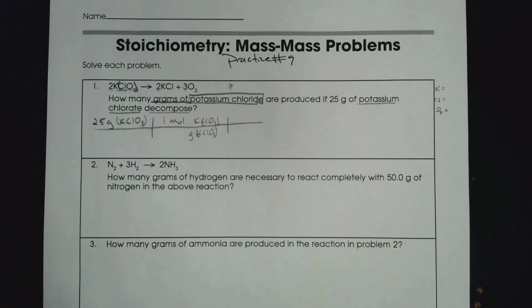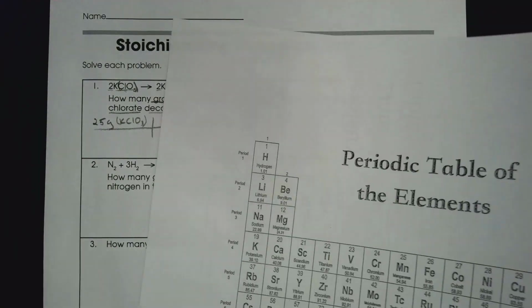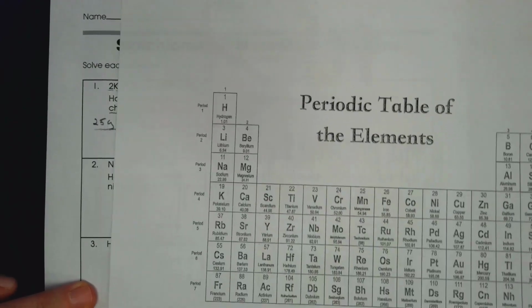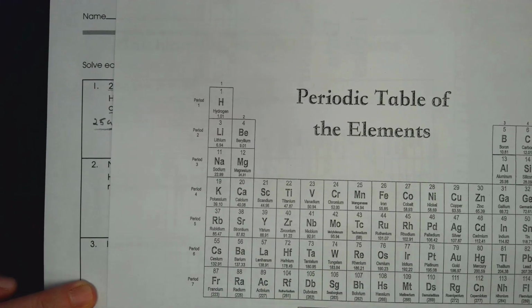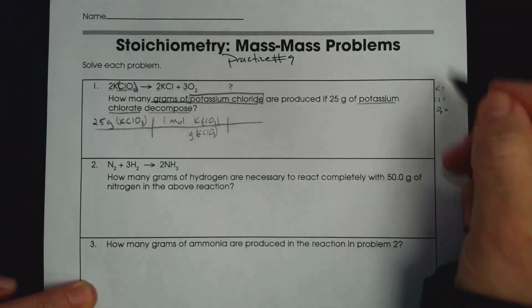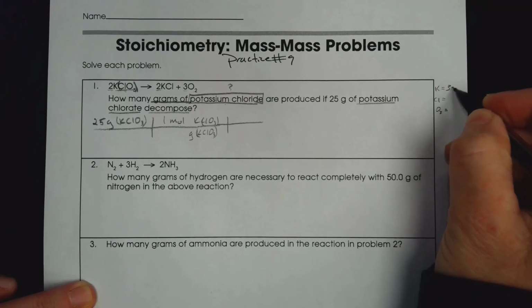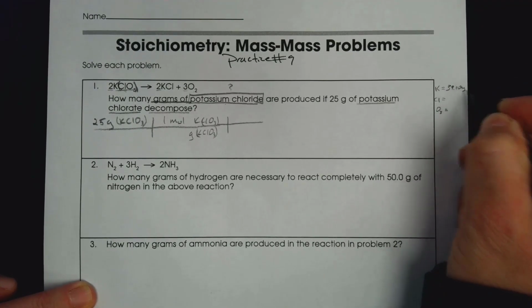Now what I'm going to do is use my periodic table in order to find these quantities. So I'm going to start with potassium. Here it is right here. And if I look down at the bottom of the square, this is the atomic mass, 39.10. Now, if I'm talking about molar quantities, I can say that 1 mole of potassium has 39.10 grams of potassium in it. So that's what I'm going to write right here, 39.10 grams.